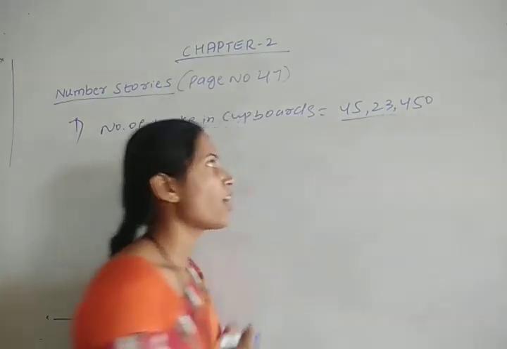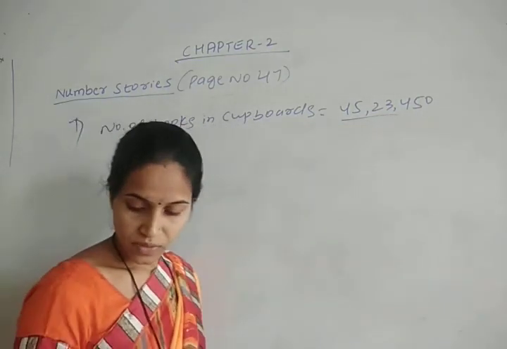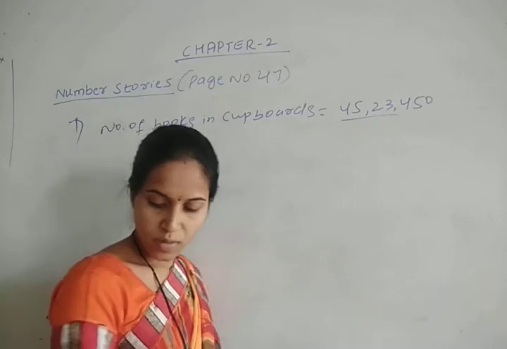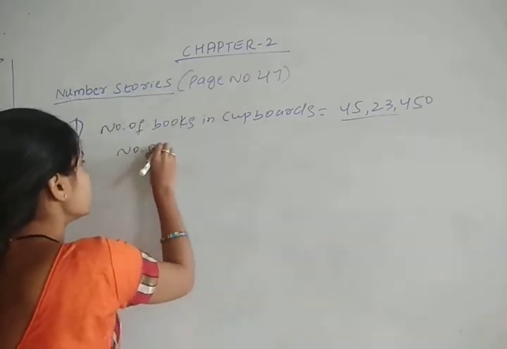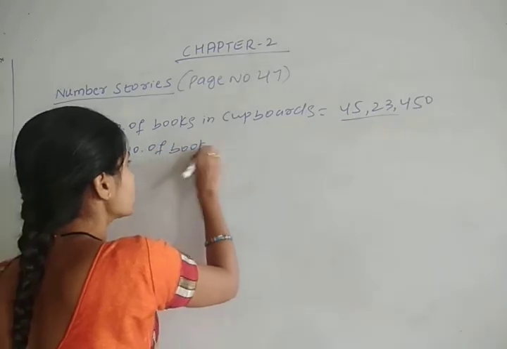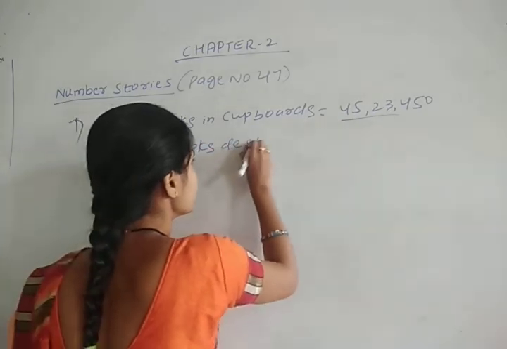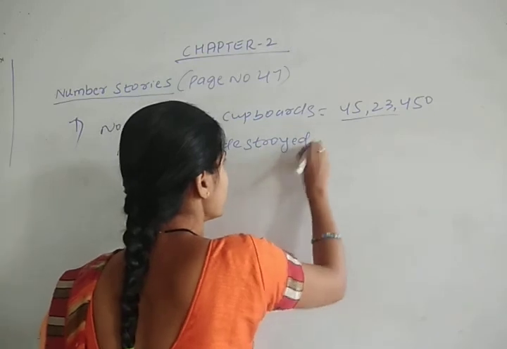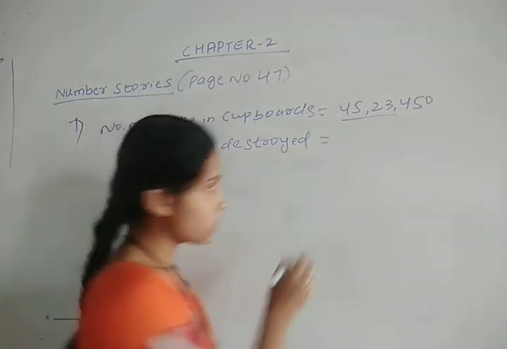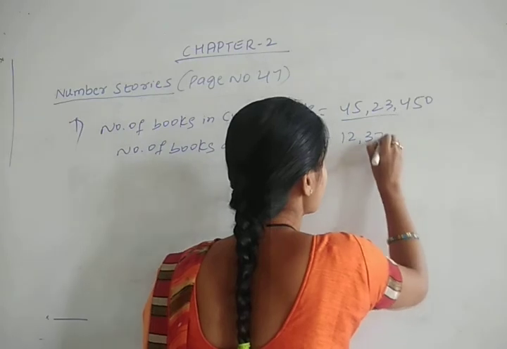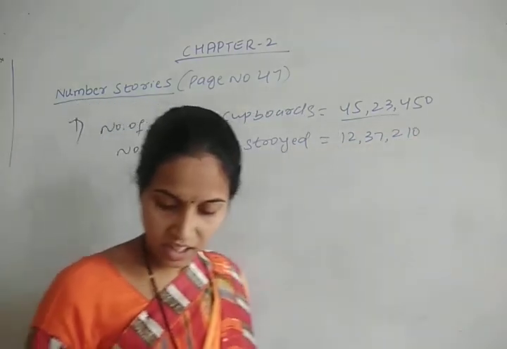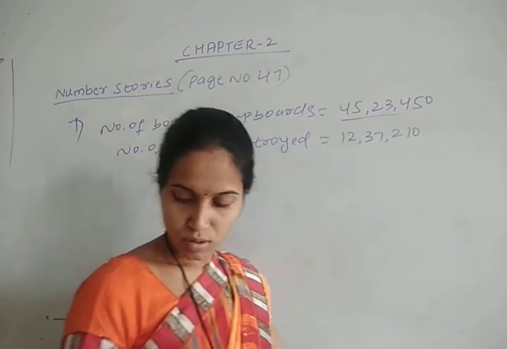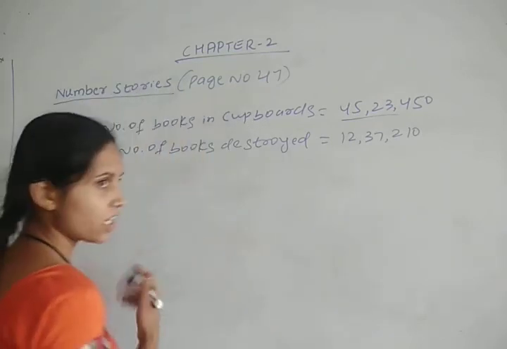It is 45,23,450. So among these, how many books were destroyed? Number of books destroyed is how much? It is 12,37,210.